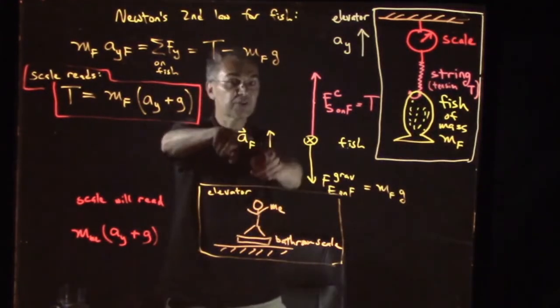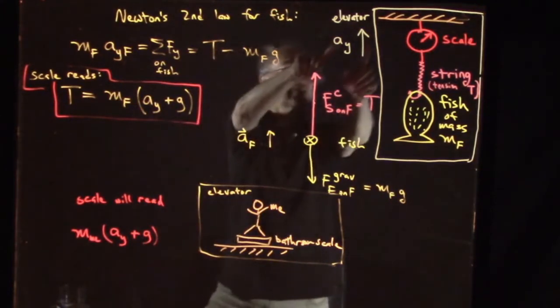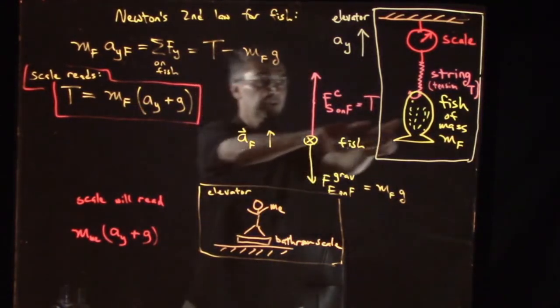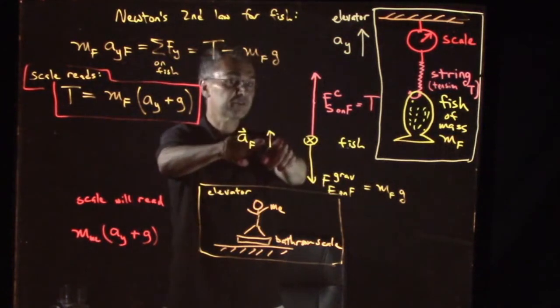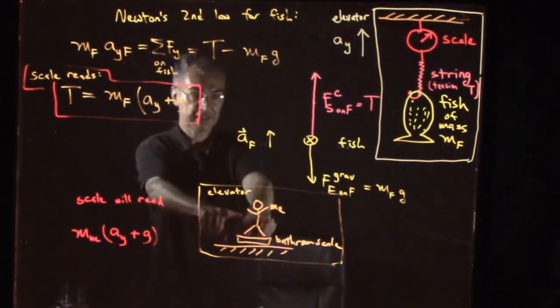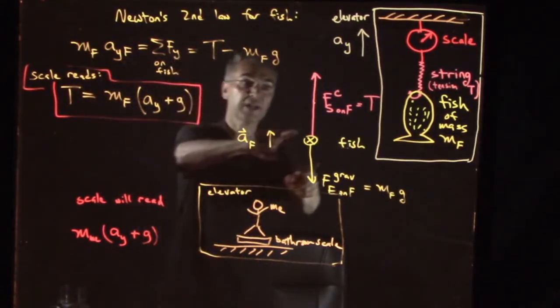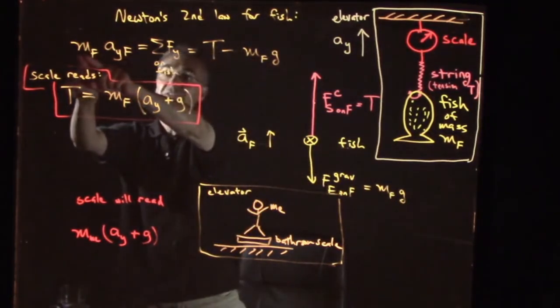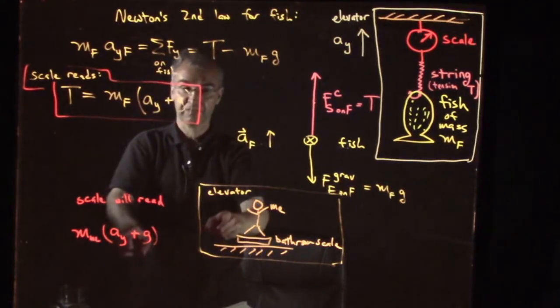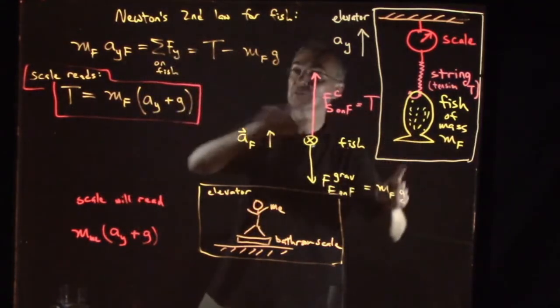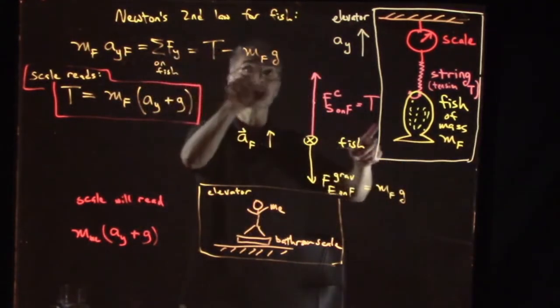But then the acceleration is the same as the acceleration of the elevator. So the fish is accelerating at whatever acceleration the elevator has, or I am. So then the forces don't add to zero. The forces add to the mass of me times my acceleration, or the mass of the fish times the fish's acceleration. And you have up minus down.